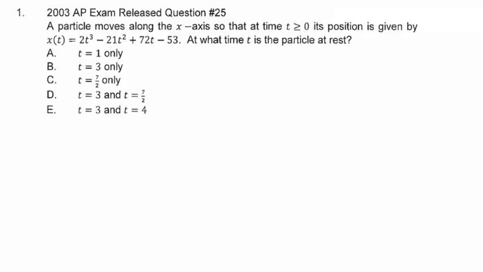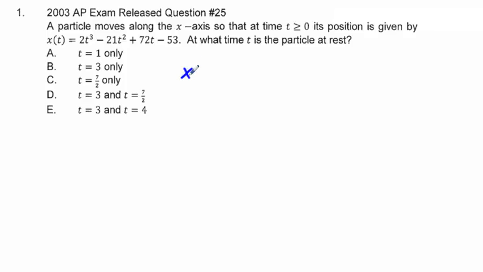First problem. A particle moves along the x-axis so that for time t greater than 0, its position is given by the function x of t equals 2t cubed minus 21t squared plus 72t minus 53.